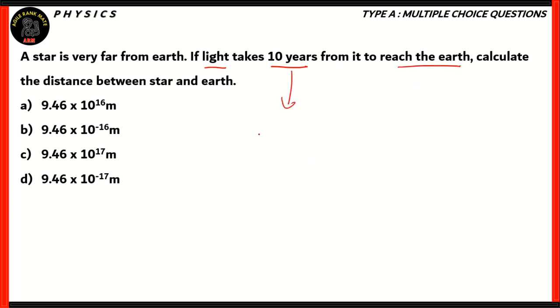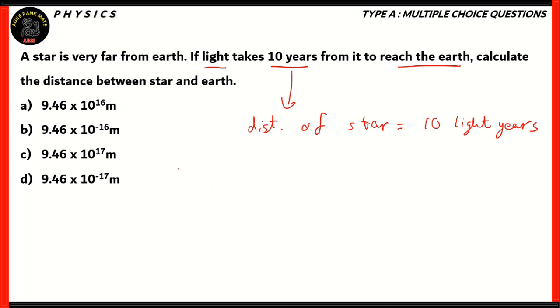Now that means the distance of the star can be written as 10 light years. A light year is a unit of distance which basically is equivalent to how much distance light travels in a year.